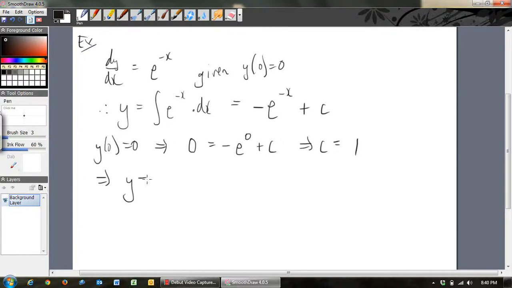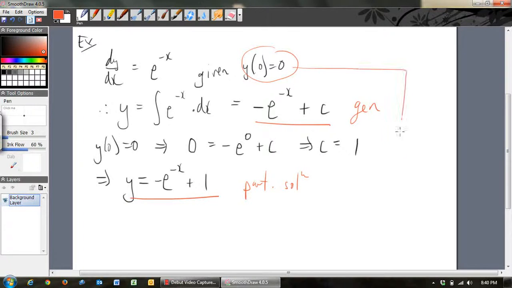Therefore, the particular solution is y equals negative e to the negative x plus 1. And there's your particular solution. Okay, so that's the general solution, and here's the particular solution. We needed a particular point to find that particular solution.